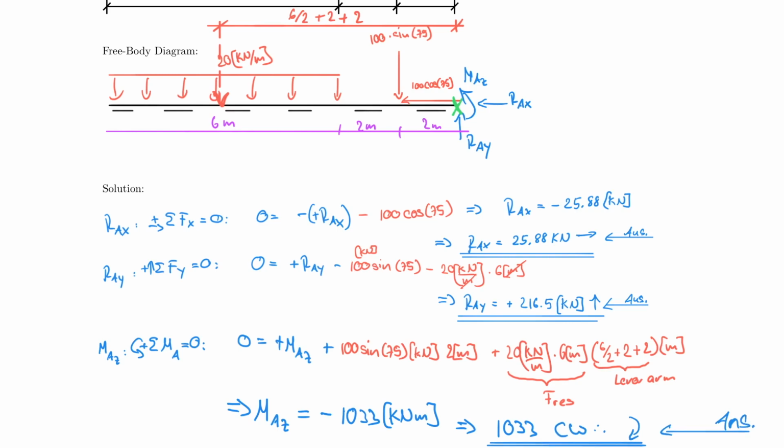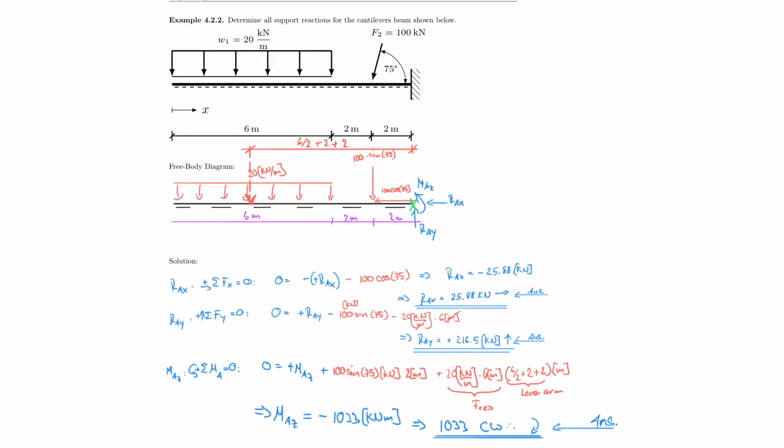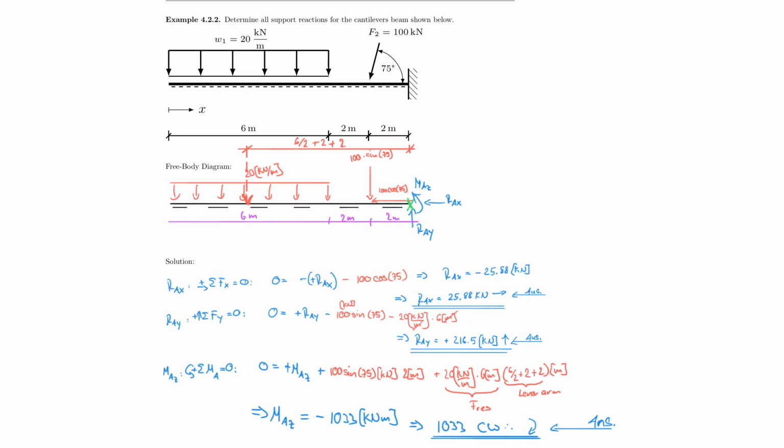And that completes the problem, because I now calculated all 3 support reactions at location A, as I called it. And the important thing to understand is that this support resists all 3 different types of forces and moment, or 2 forces and 1 moment.